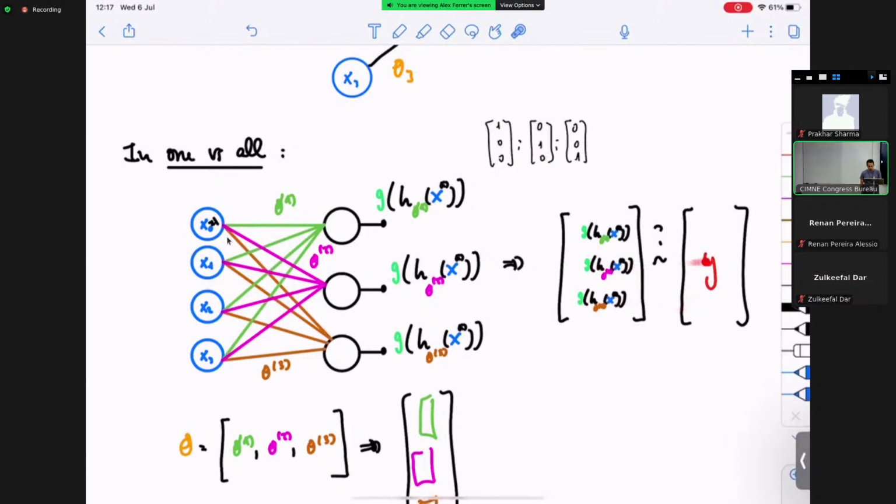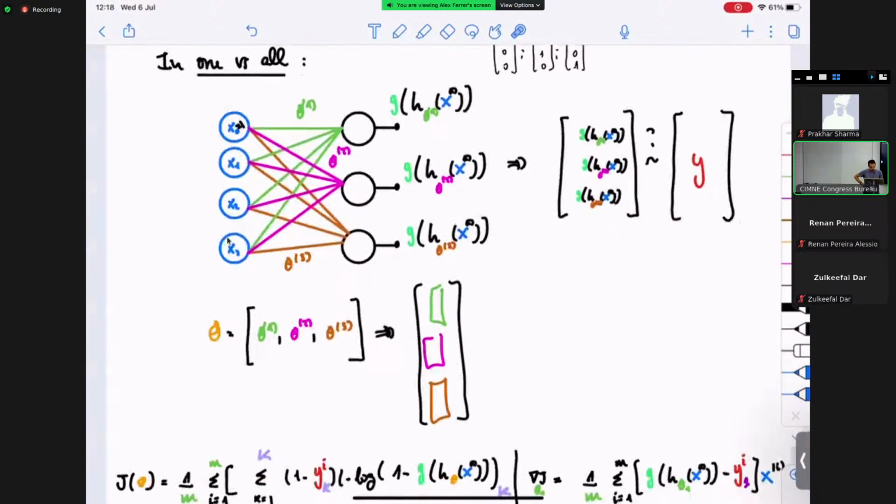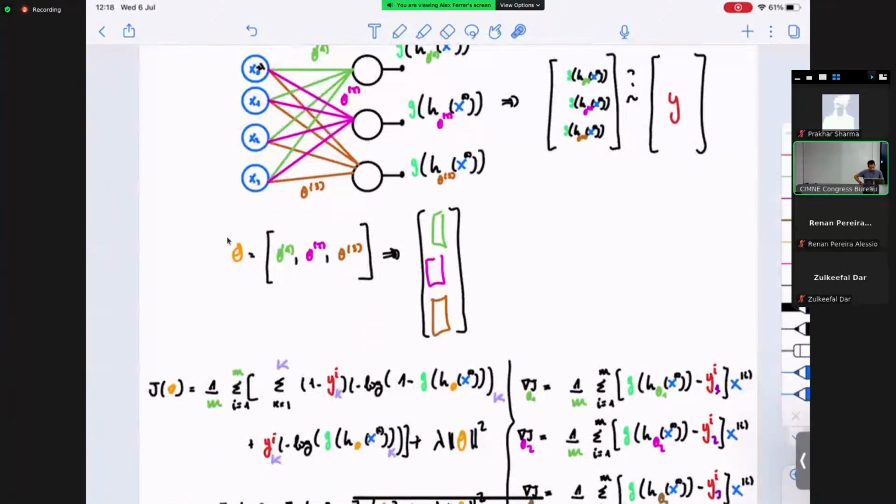But all of them are in the same cost function. So some errors will be prioritized over others. Okay, let's see it.